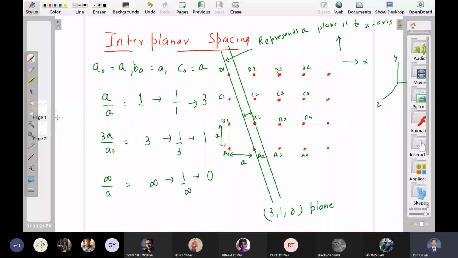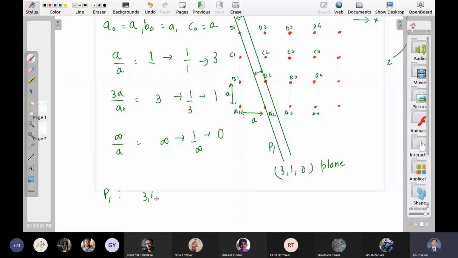This is plane P1. P1 is a 310 plane passing through some lattice point. It may have only one point.